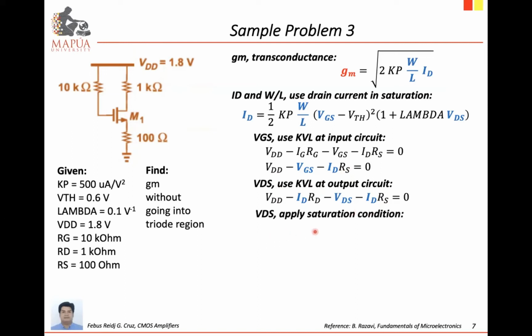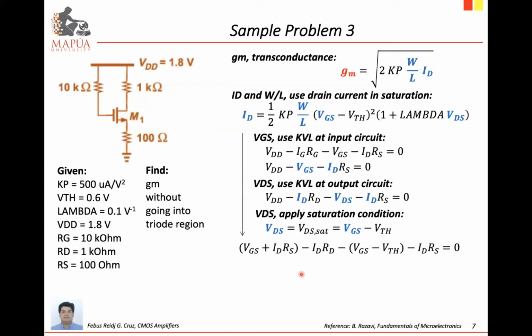Then we can also apply the saturation condition, which says that VDS is equal to VDS sat, so without going into the triode region. Meaning the VDS at the minimum should be at the VDS saturation, which is equal to VGS minus VTH.